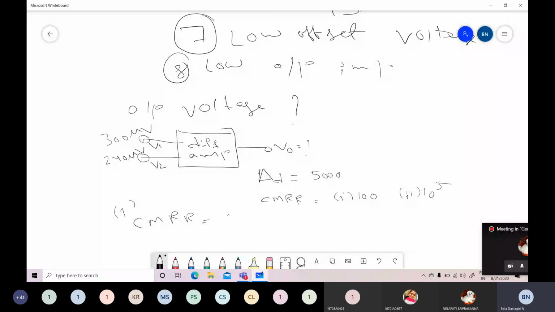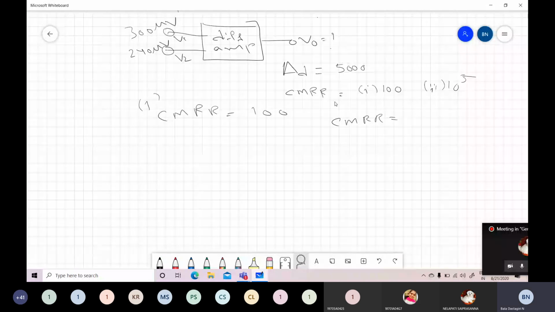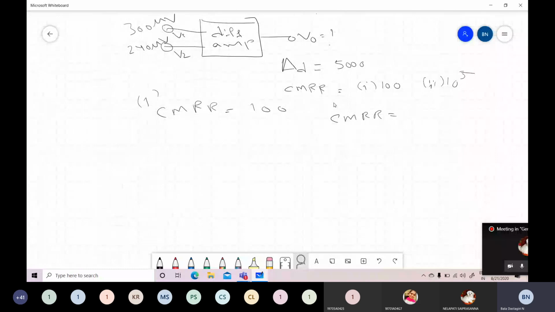What is the formula of CMRR? CMRR is equal to AD by AC.